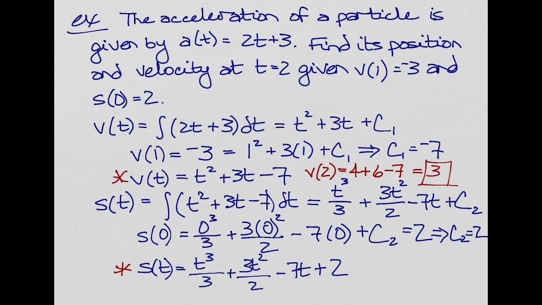And the position at t equals 2 is 2 cubed over 3 plus 3 times 2 squared over 2 minus 7 times 2 plus 2, which is, oh, this is fun, 6 minus 14 is negative 8, plus 2 is negative 6. Negative 6 plus 8 thirds. Negative 18 thirds plus 8 thirds is negative 10 thirds.